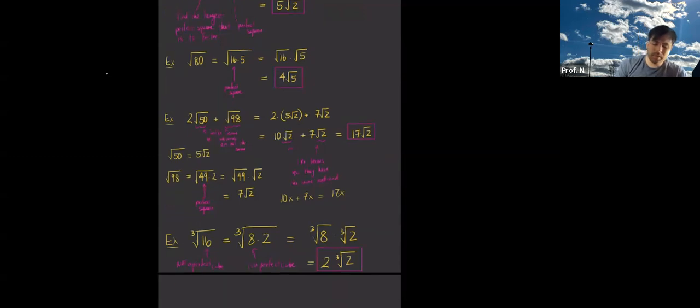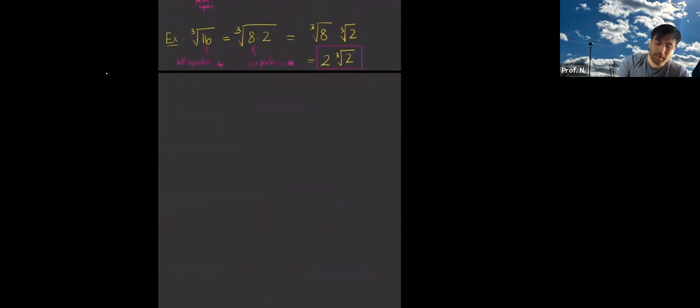Let me give you another one. So for example, if I do the cube root of 40, I can rewrite this as the cube root of 8 multiplied by 5. 8 is a perfect cube again.